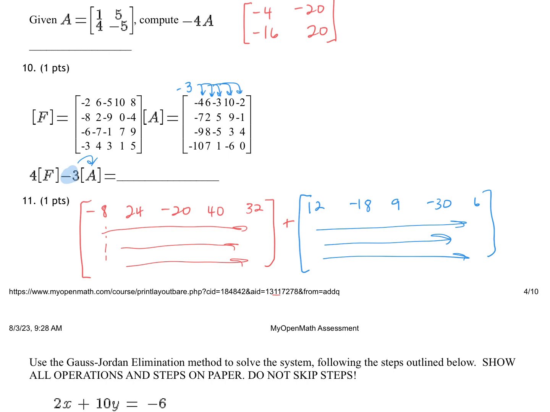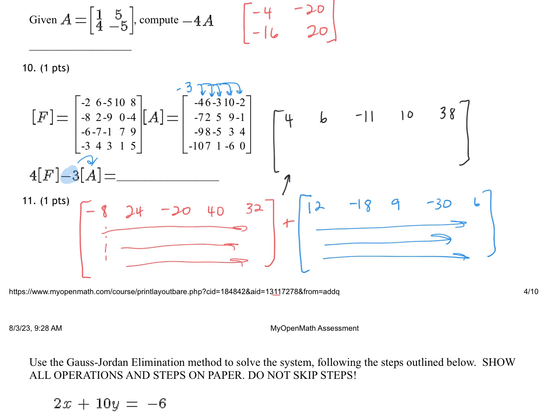And then since I multiplied by a -3, I'm adding the corresponding entries. So my sum for my first row, I would just be adding those up. So let's see, I would have -8 plus 12 is 4, 24 and -18 is 6, -20 and 9 is -11, 40 and -30 is 10, and 32 and 6 is 38.